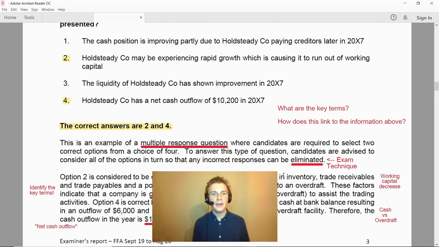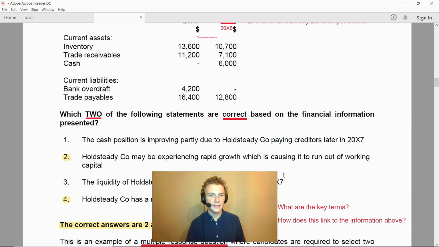So Hold Steady Co. may be experiencing rapid growth. Growth is definitely the key word on there, which is causing it to run out of working capital. In other words, I'm thinking, well, cash is going down. Let's have a look at the actual figures. Cash has definitely gone down. Inventory has actually increased a bit. But then we've got to be thinking, are we actually increasing our payables?